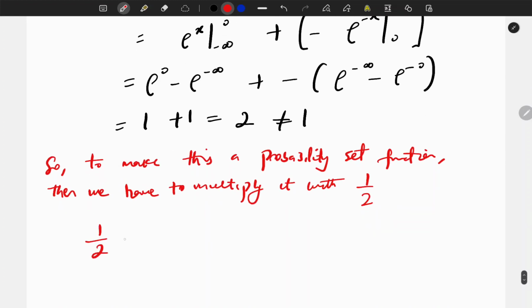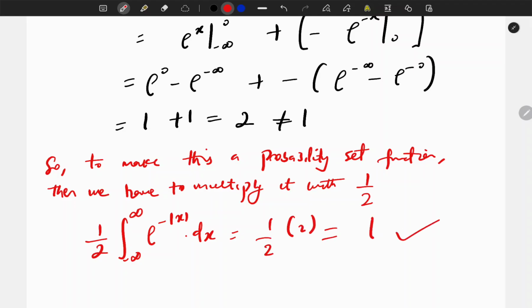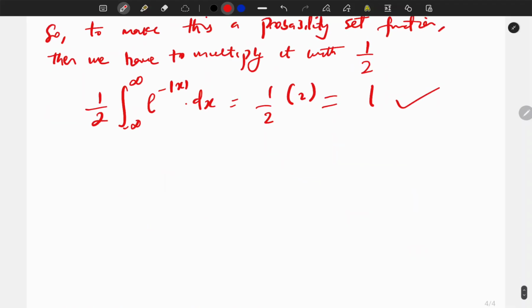That means 1/2 times the integral from minus infinity to infinity of exponential minus mod x dx will give us 1/2 times 2, which equals 1, which is a probability set function. So that's a nice question. We can now move to question number 7.